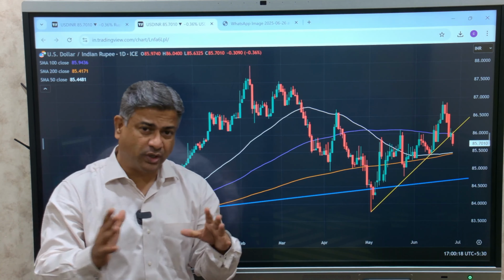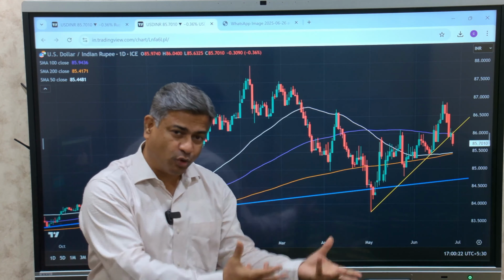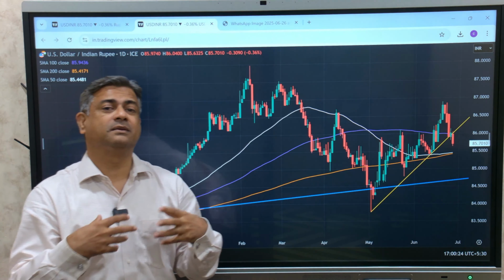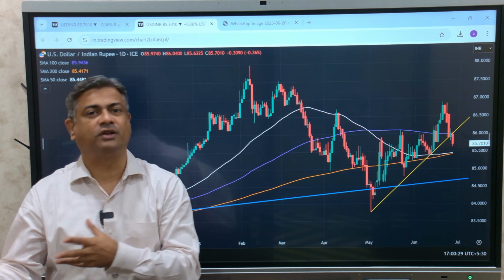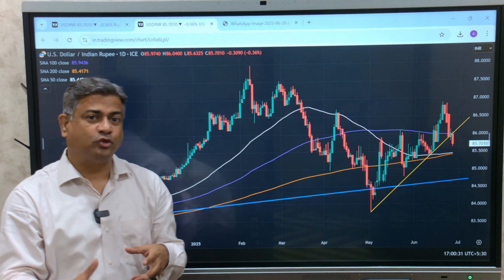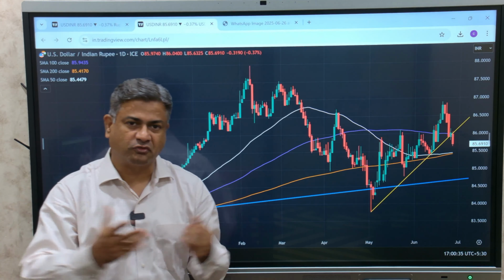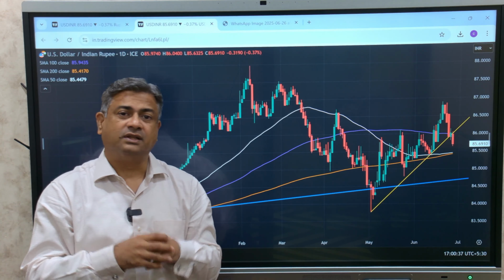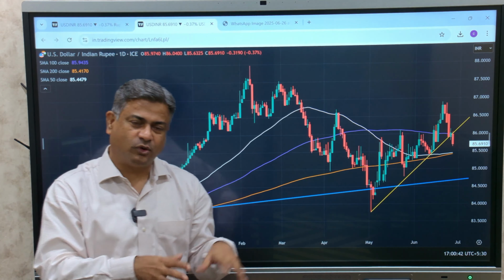If you do get levels below 85, I'm not saying it is going to go below 85, I'm saying there is a bigger probability of rupee to gain when the DXY or the dollar index is weak. So if rupee does gain and go to really attractive levels, probably 84.50, around those, the importers should look to hedge. But as of now, importers wait and watch.